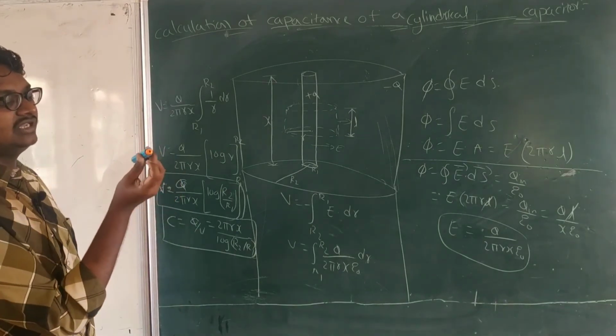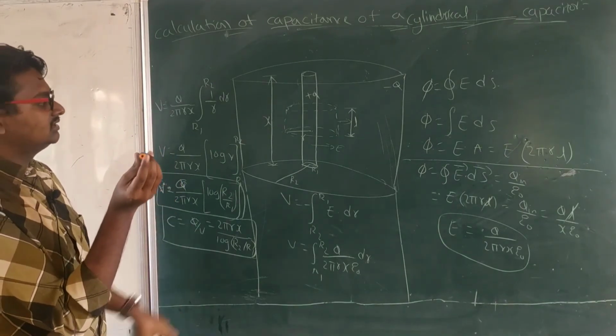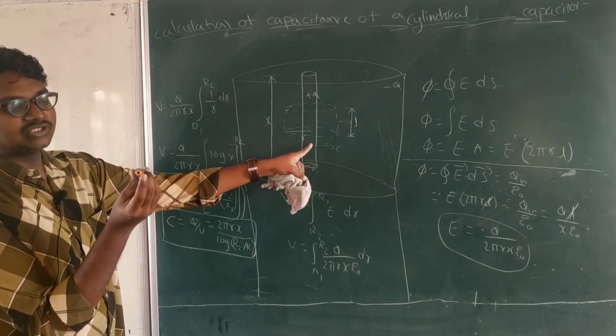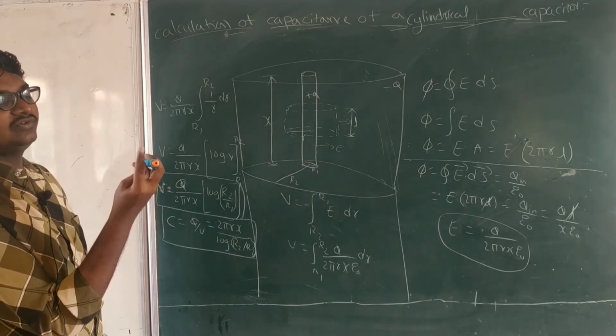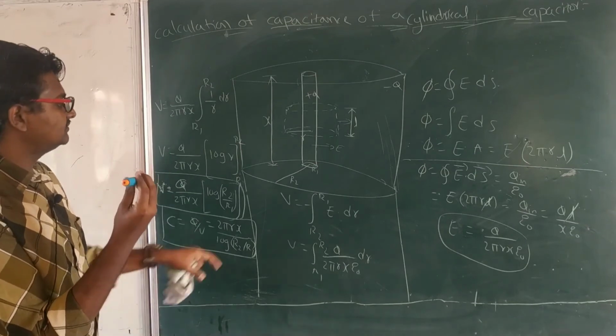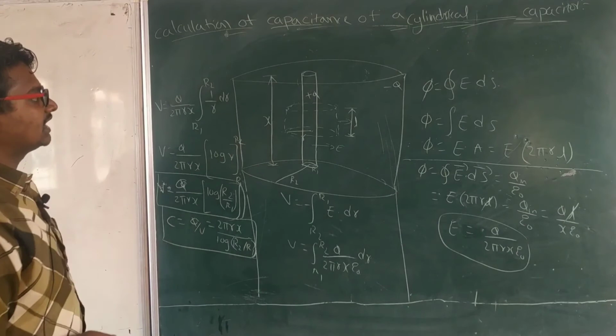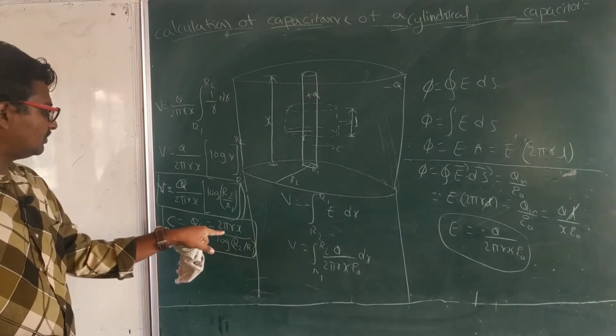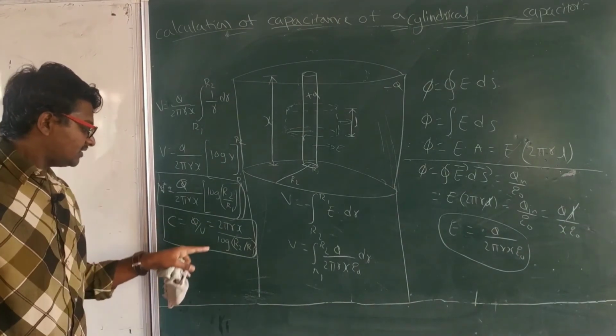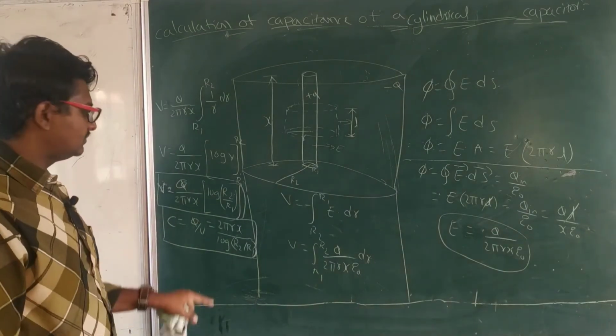See, this is exactly appearing like a cylindrical capacitor. Here, if you see carefully, the orange colored one inside is the positive charge plus Q, and the blue colored one we consider as minus Q, and we have done the calculation for this whole. C is equal to Q by V, which is 2 pi r x by log of R2 by R1.